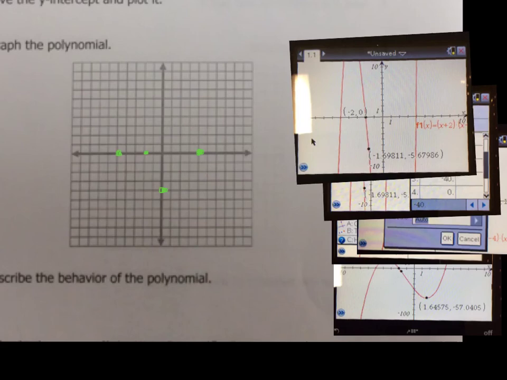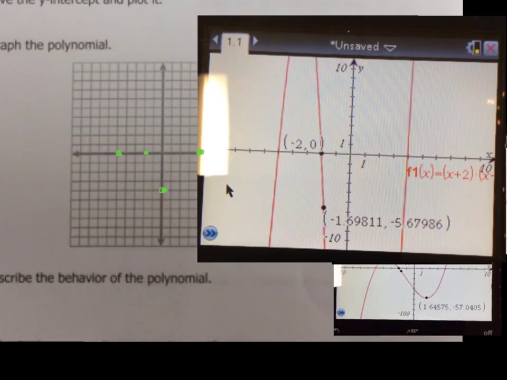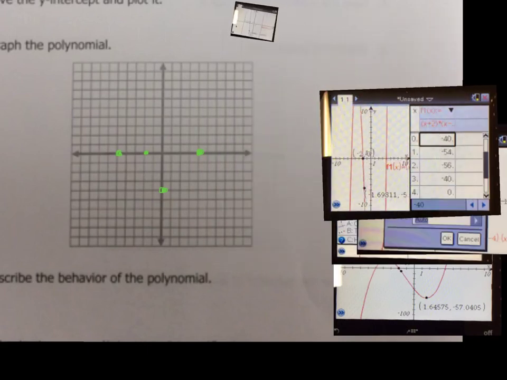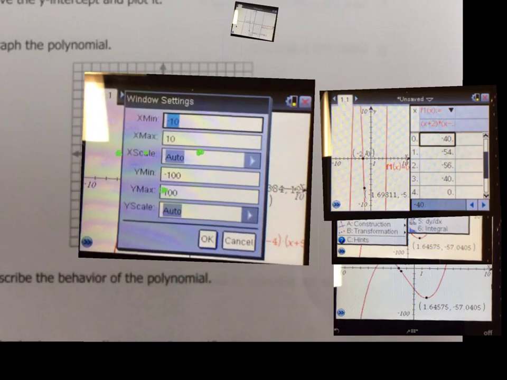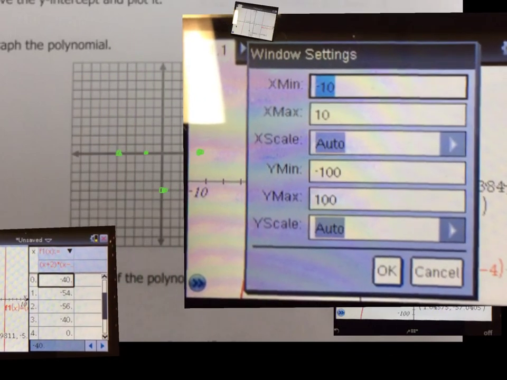Okay, so I went ahead and entered the function into the calculator, and this is what I got. I have my zeros that I already knew ahead of time, but I can't really see my relative maximum and minimum, so guess what? We have to change the window. So here's my window settings.